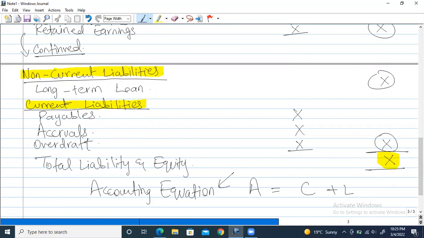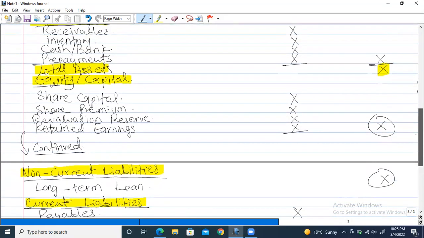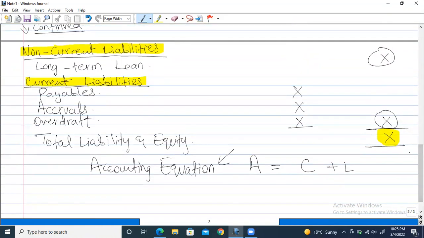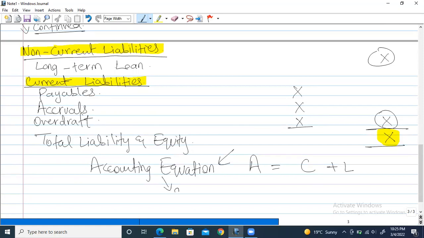The same thing we are doing here: the total assets, this figure, should be equal to total liabilities and equity. So we can clearly say that the statement of financial position is based on the accounting equation.